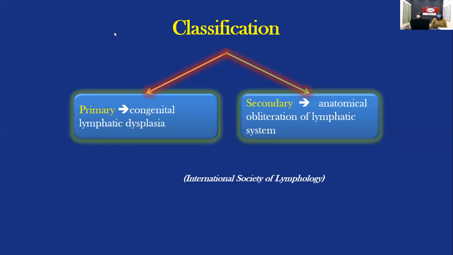When I remove the breast, they will also remove the adjacent lymph nodes. If they remove the adjacent lymph nodes in my axilla, I am a person at risk of developing lymphedema. So if there is any change in our existing lymphatic system, that is secondary lymphedema.